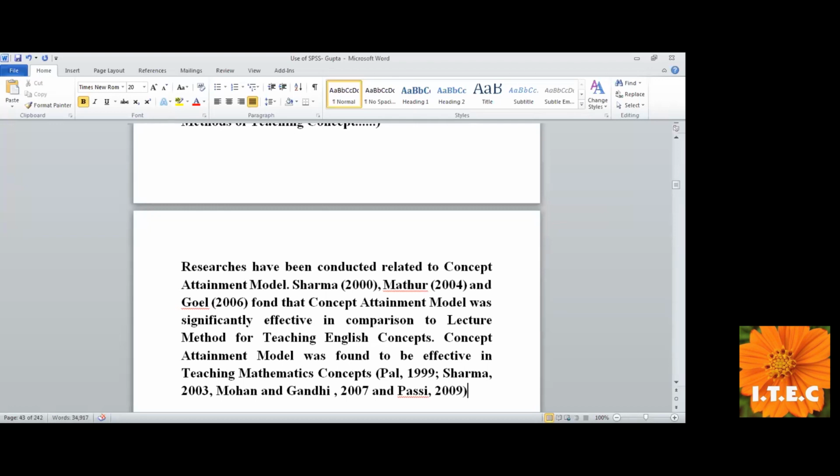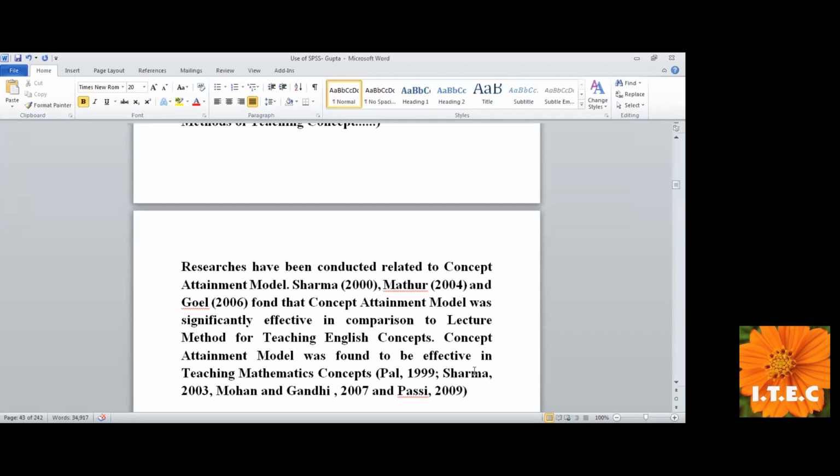So you have given the finding, and then in the bracket you have given the last name of the person and the year in which the paper was published. So when I say Paul, it is the last name of the person, and in 1999, this paper was published. It was the year of publication.